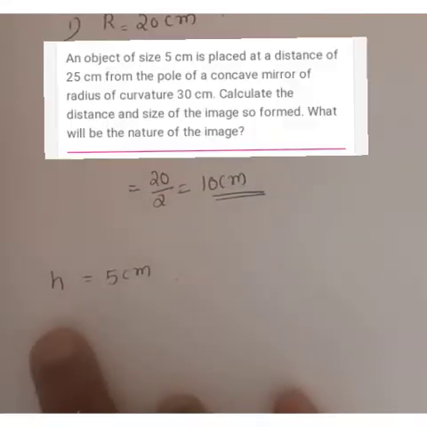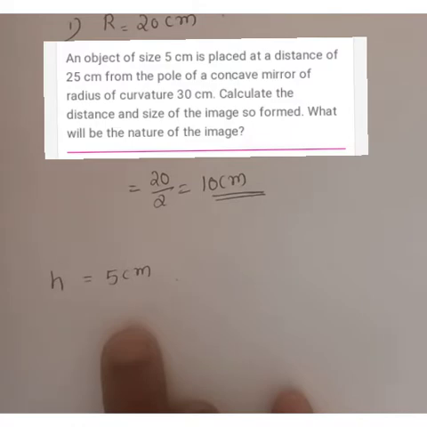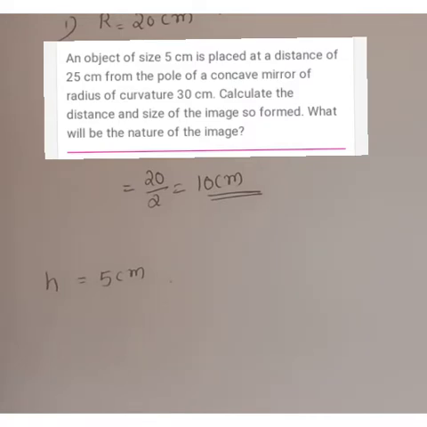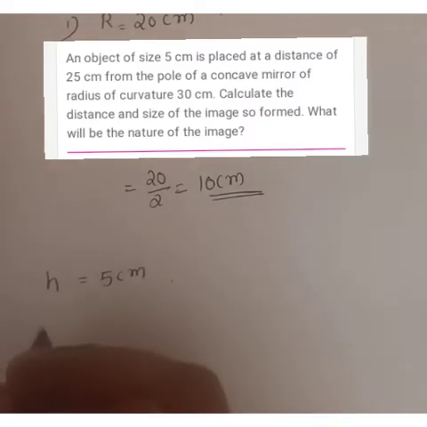In this question, the object size h is 5 centimeter. The object is placed at a distance of 25 centimeter from the pole of a concave mirror. Here 25 centimeter means the object distance, that is u.